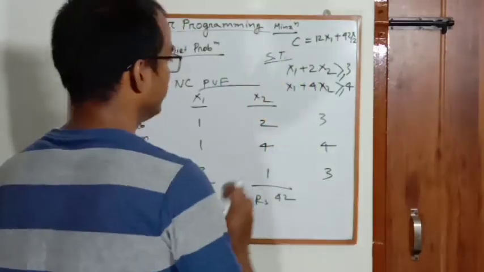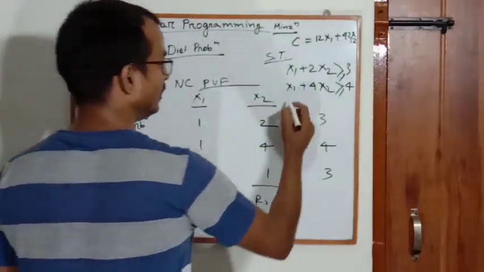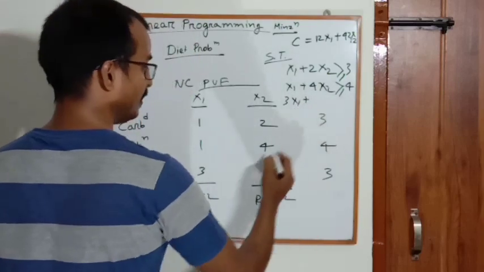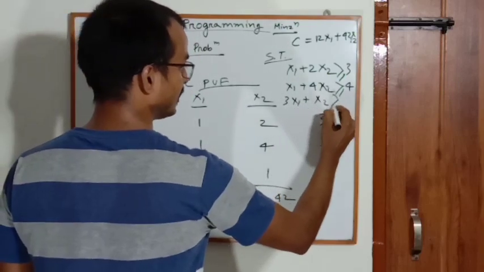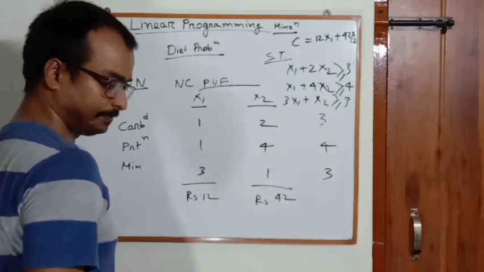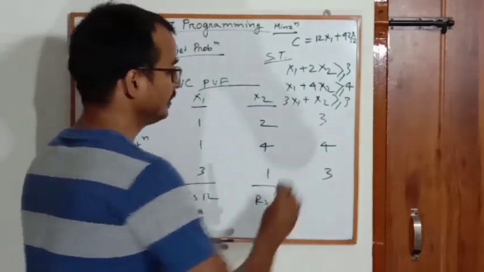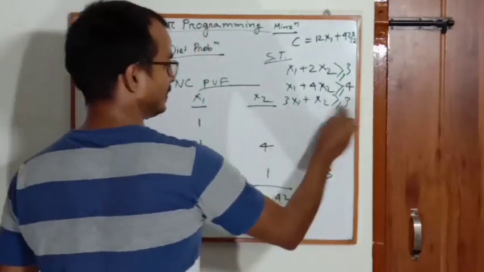Then, last one, 3x1 plus x2 greater than or equal to 3. So, and definitely, now I can erase this.